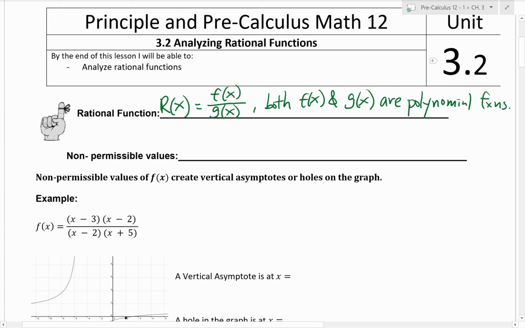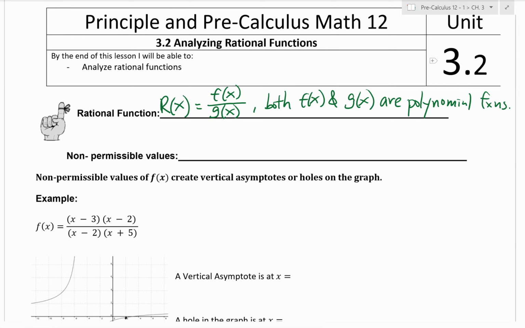Non-permissible values. Non-permissible values are the values that are not defined in the domain. If it's a rational function, remember it's a fraction. So what makes it undefined is when the denominator gives you a 0. When the denominator is 0, you cannot divide by 0, therefore that is undefined.